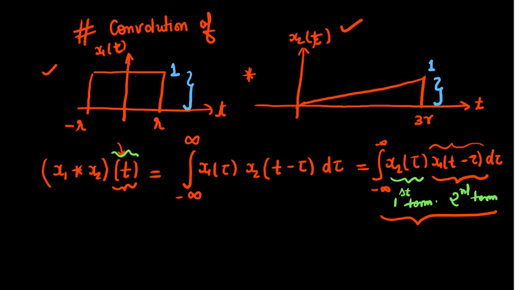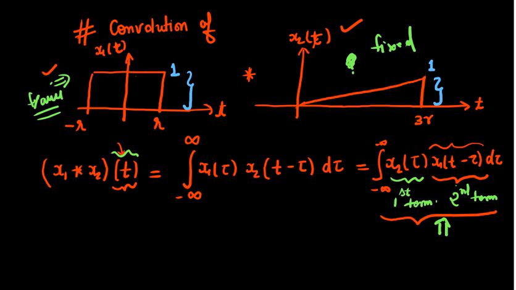So I told you we will use the second formula, which will automatically make this signal fixed and this one varied, and the shifting will depend on the value of t.